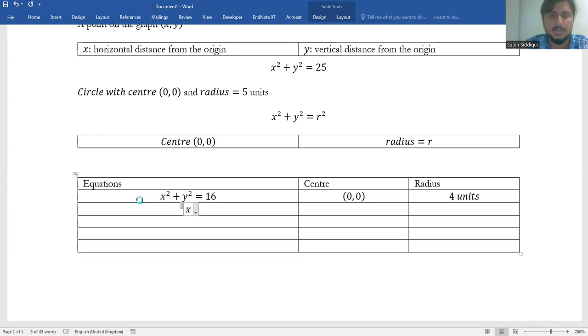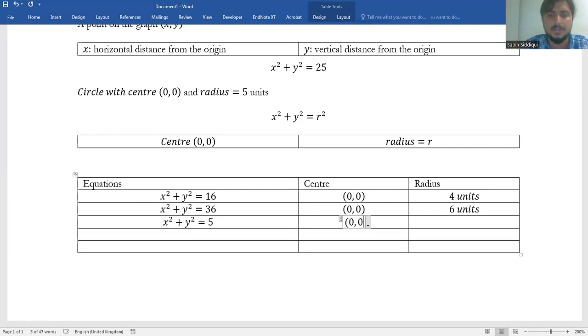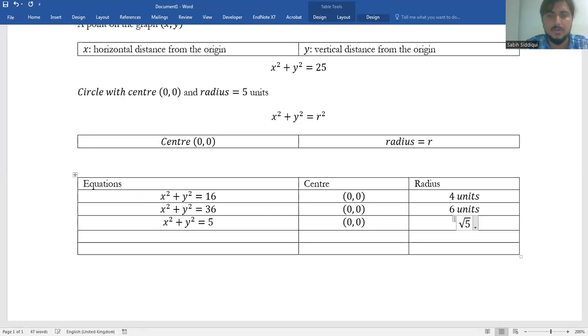Similarly, I write x square plus y square is equal to 36. Center is again 0, comma 0, and the radius is 6 units. Now if I write x square plus y square is equal to 5, center again is 0, comma 0, and the radius is square root of 5.